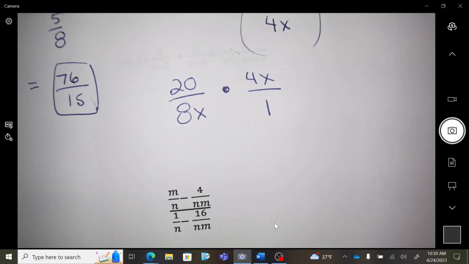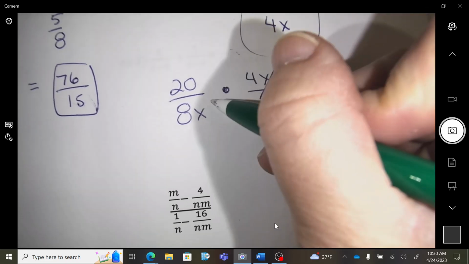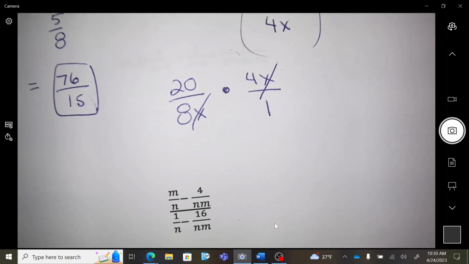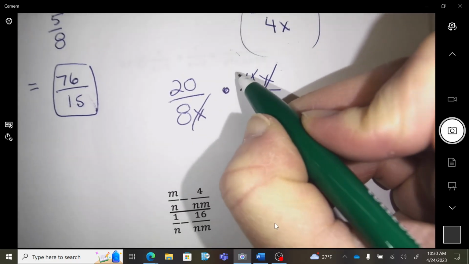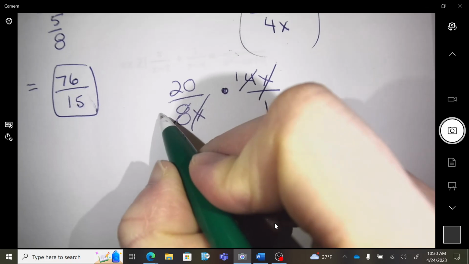I have an x divided by x. What could I possibly divide my digits by? 4, I like 4. So if I'm going to divide by 4, this would go into a 1. This would go into a 2.